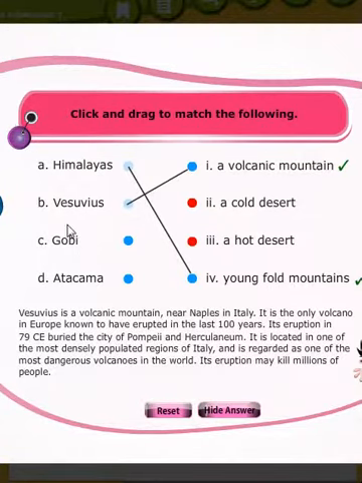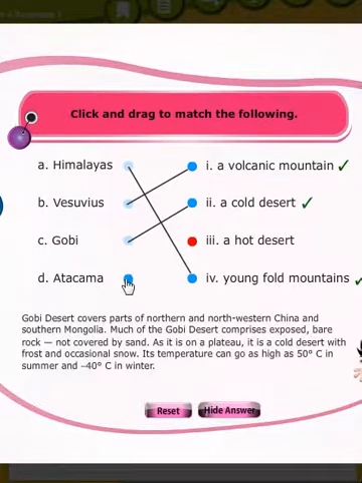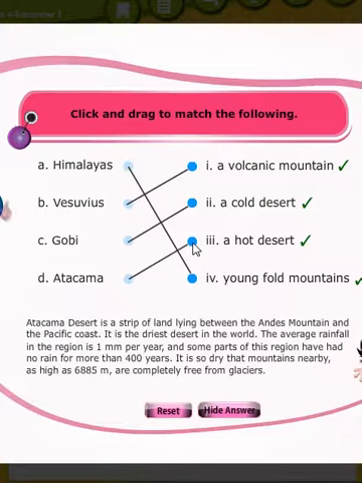Next, Gobi, cold desert. Next, Atacama, the hot desert. See, I tell you all the answers, right?